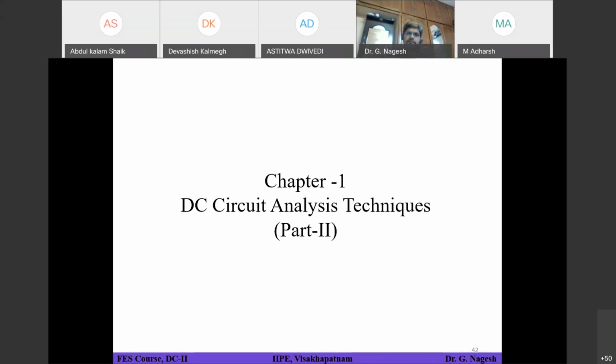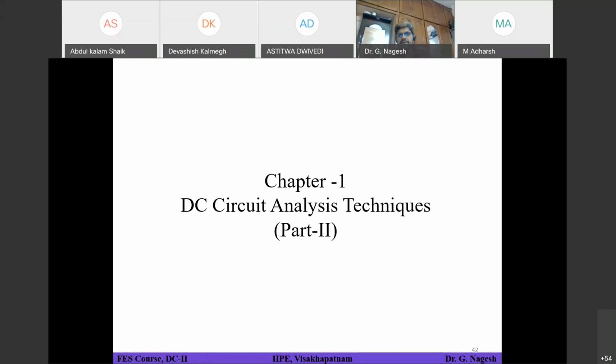So now we will go to part two. This is also a simple extension of that. Here we will study three more techniques regarding analysis of circuits. If the circuit is a little bit more complex, then we can reduce it to a smaller circuit.